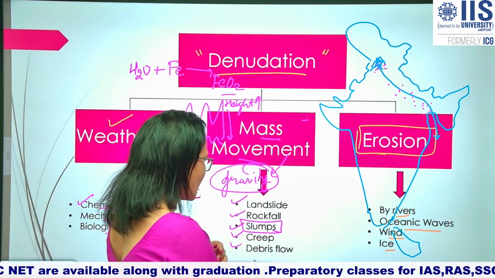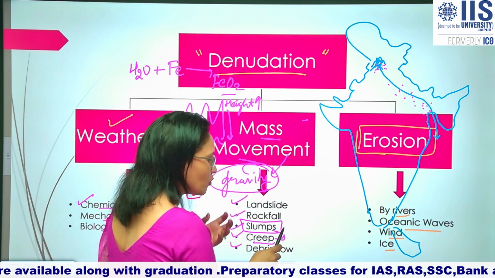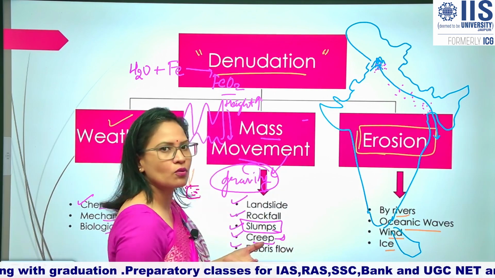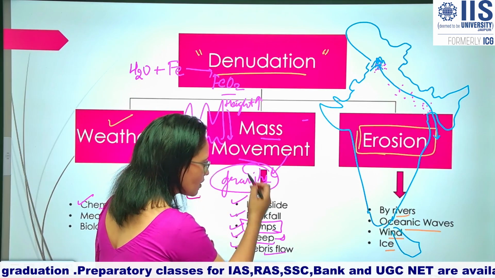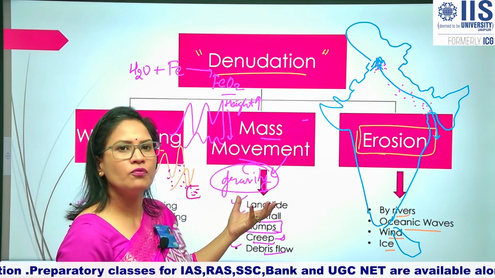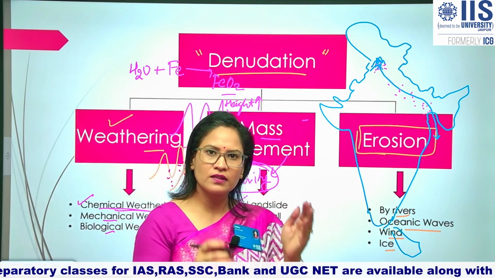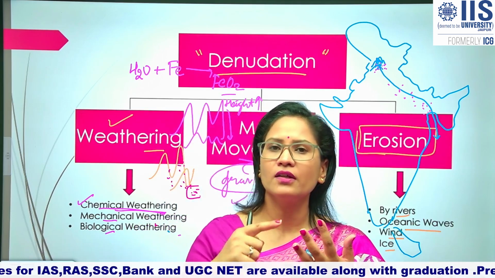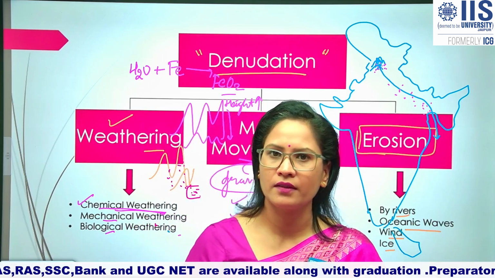It will be known as slumps. Creep means that the process of downward movement is very slow. And debris flow. These are the examples of mass movement. So is it clear what is the difference between erosion, weathering and mass movement? Right.